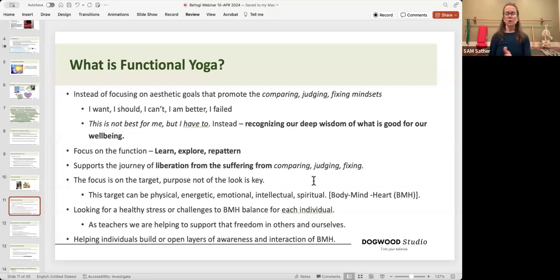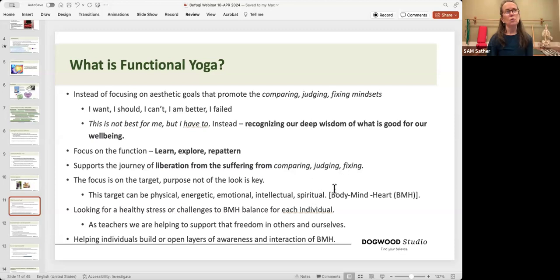So there are these wonderful things that they can explore, the interactivity of them, and also support repatterning them. I find the biggest gift of a functional approach is repatterning how we live in the body, how we live reacting to our thoughts, or what our beliefs are. The hardest thing is to change our beliefs. And so with a functional approach, we start to challenge those from our practices and then translate them to the real world, the day-to-day.